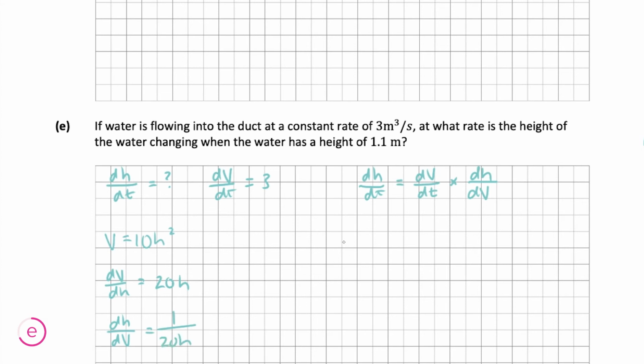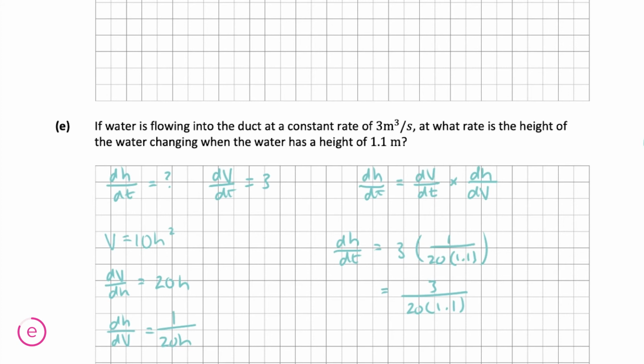Moving back over here, dh/dt is equal to dV/dt, which we found was 3, all multiplied by 1 over 20h, and the h that we're given in the question is 1.1.